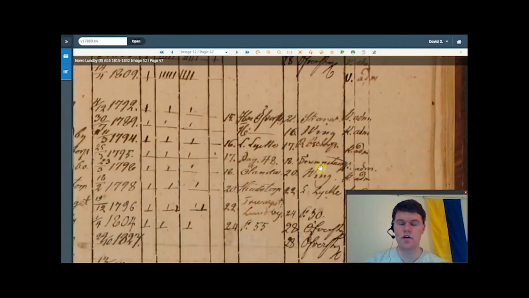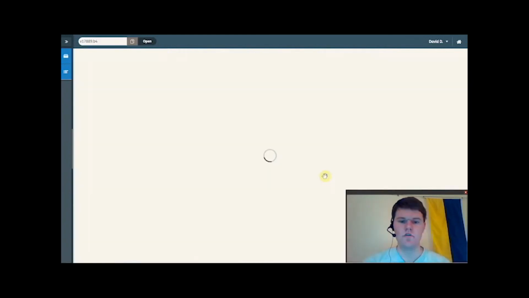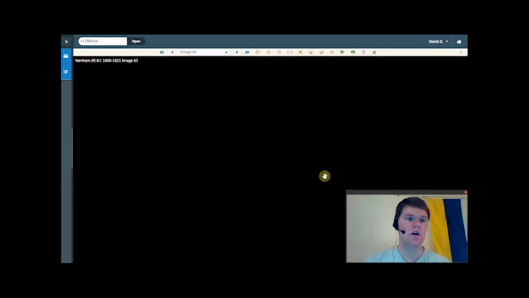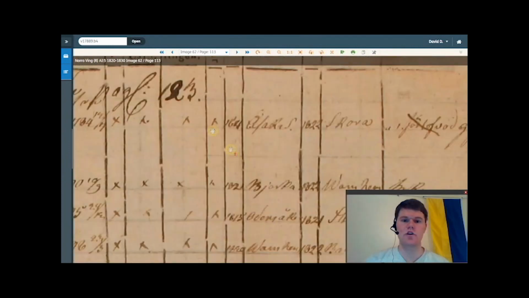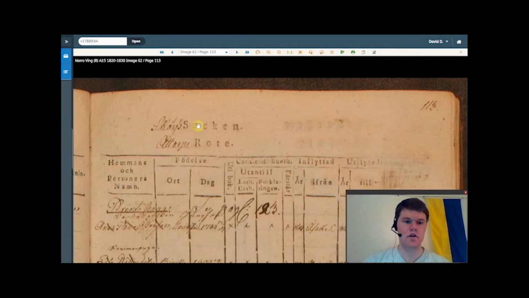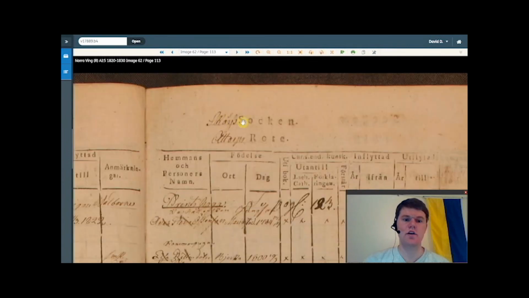And right here, it's showing where she moved to. It's Wing, W-I-N-G. But if you recall, she lived in the place that was related to Norving, back here. So even though she lived in this parish right here, they listed her as moving from this place right here, Ving.